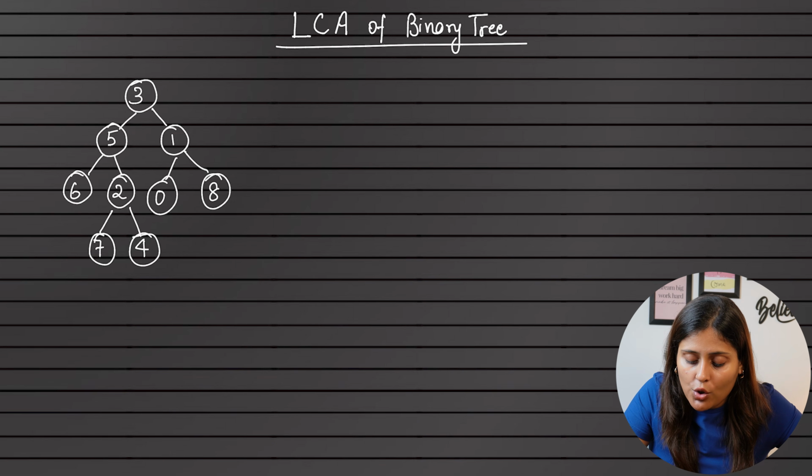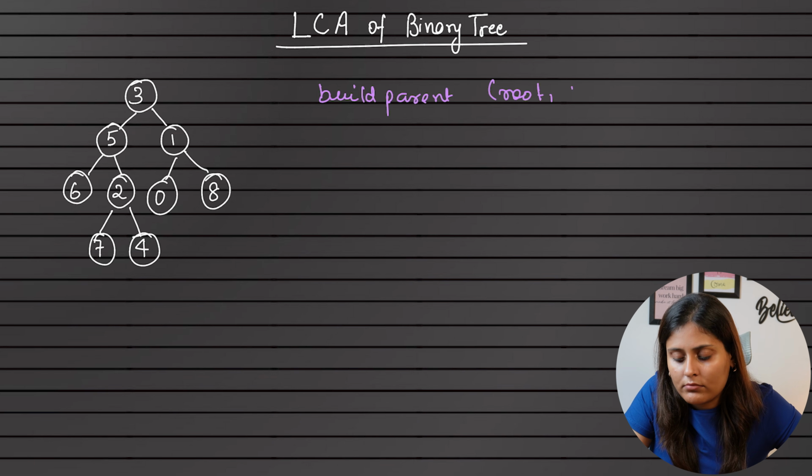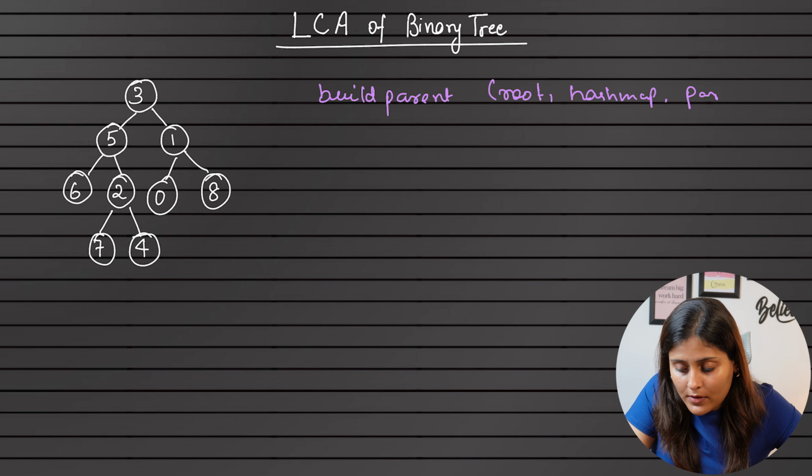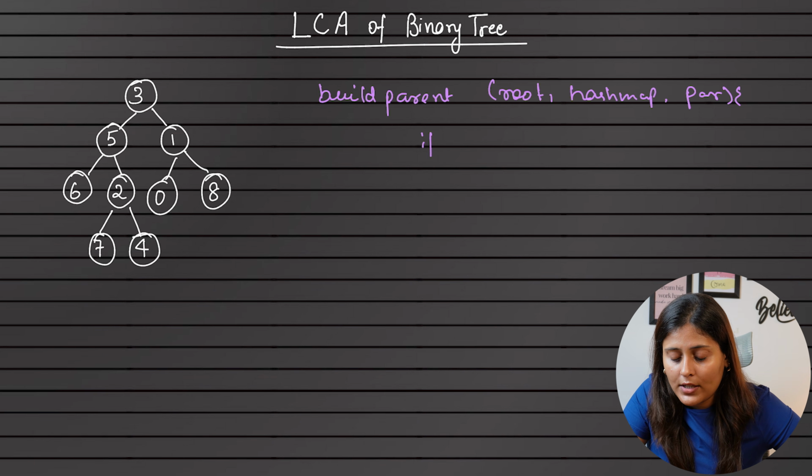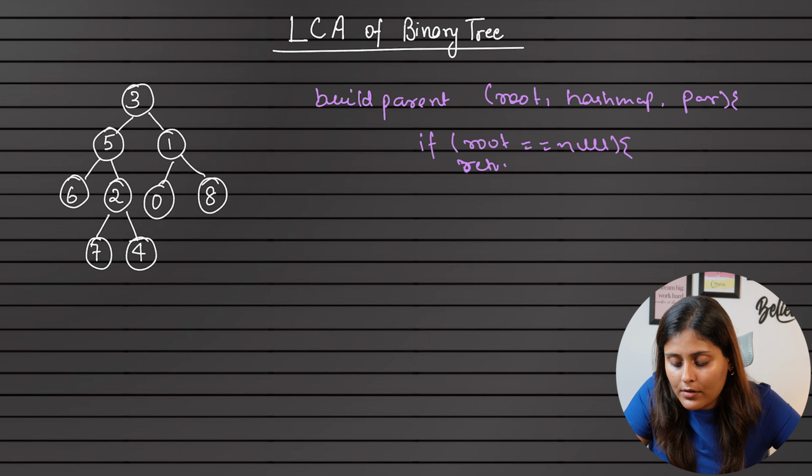So let's write a build parent function. In this we will get the root, and obviously the hash map to store, and the parent. Starting from the root, if our root is null, we simply return.